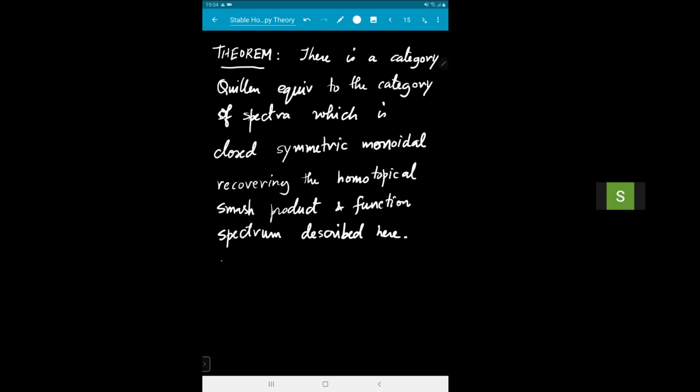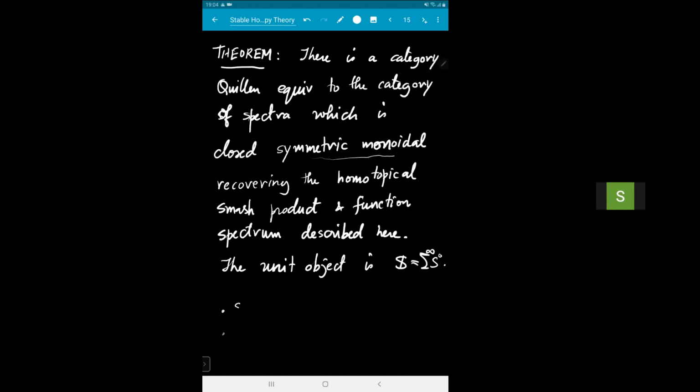Okay, so the unit object is S, which is the suspension spectrum of S naught. Symmetric monoidal means that I have the smash product, and closed means that I have these function spectra. For this there are two different categories which do this.